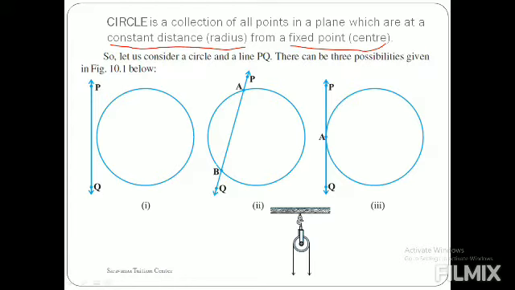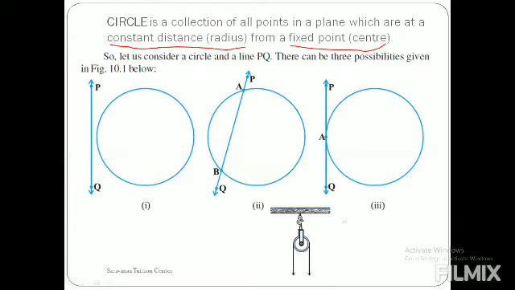Next, in the third picture, we see that the line PQ touches the circle at only one point, and it is known as the tangent to the circle. So in the first picture, PQ is a non-intersecting line with respect to the circle. In the second picture, PQ is a secant of the circle. And in the third, PQ is the tangent of the circle.